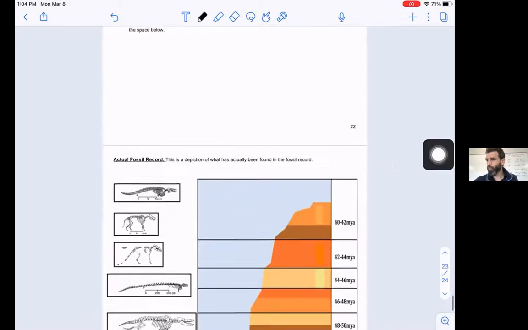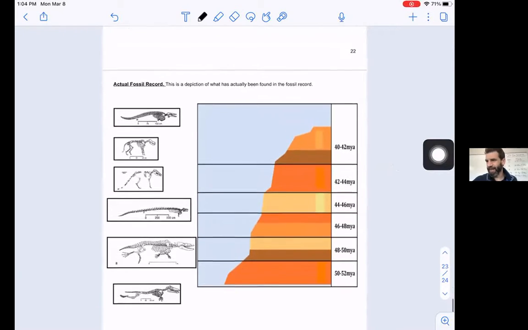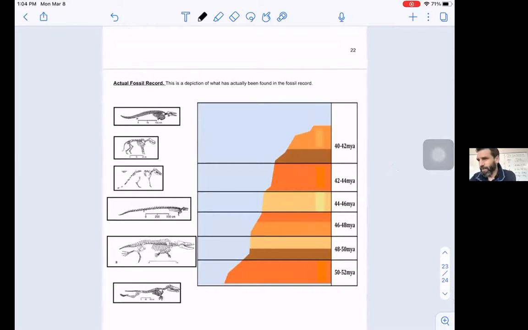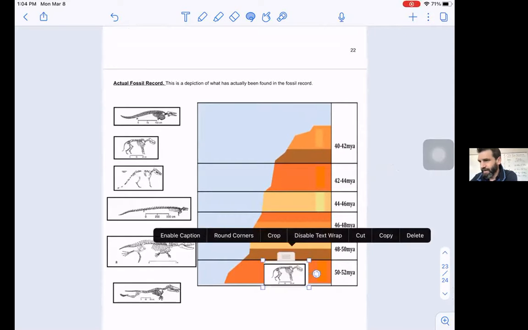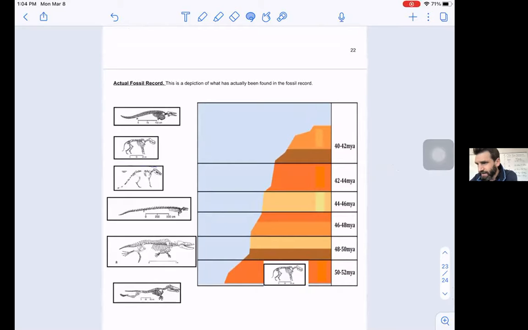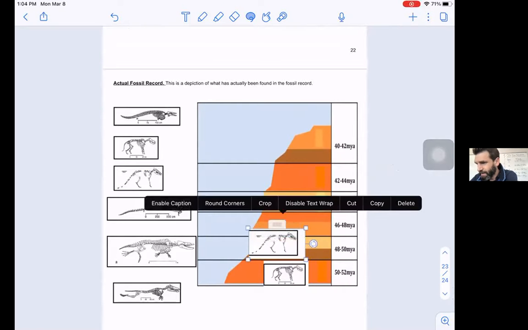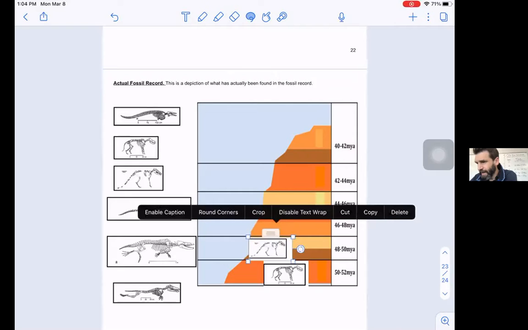So when we graph that, and I guess we didn't do this in class, if we were to graph this in class, it would look something like this. So we would paste this one in here. Which one comes next? This one looks a little bit more like it has a tail. That one's next.